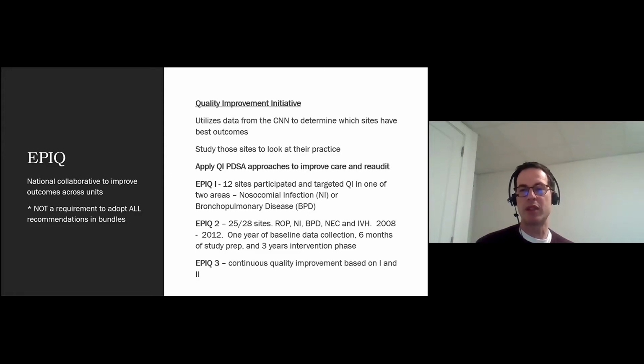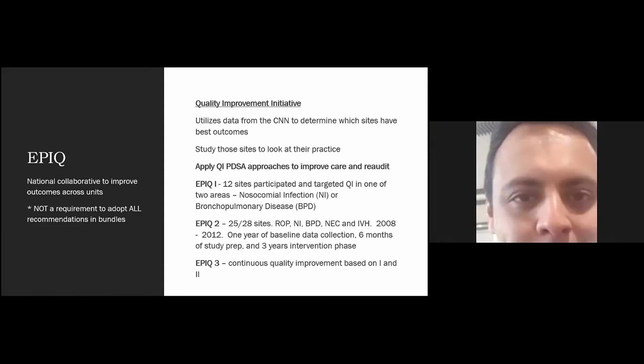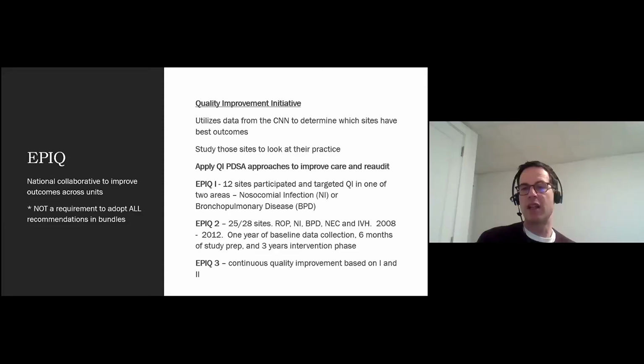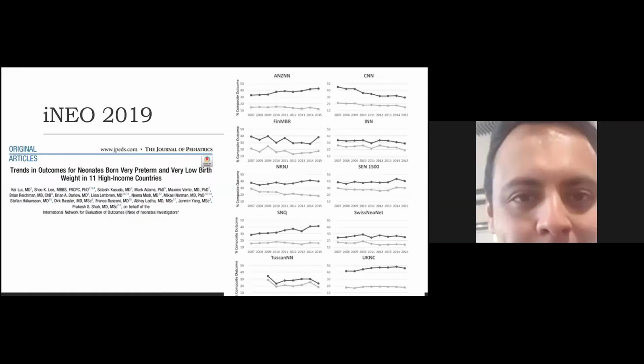We're going to go through these bundles, but are you applying everything in the bundle? And if not, why not? If you're not seeing improvements, maybe you should apply things in the bundle. So that's one of the challenges with EPIQ: we don't have measurements of acceptance of all recommendations, but it's never been a requirement that you accept all the recommendations.